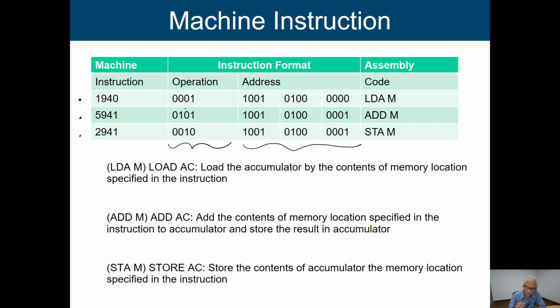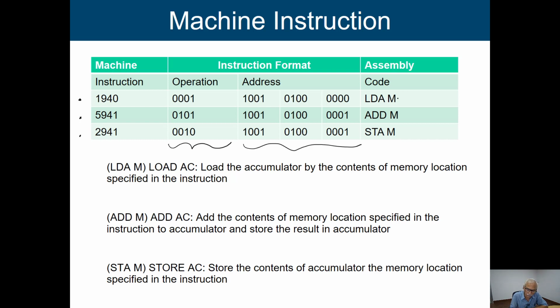Now in the first case, what basically we are doing is LDAM, or we can say this is load accumulator. The accumulator is a register. We are going to transfer some information from a memory location, bring it inside the processor and put it into the accumulator.